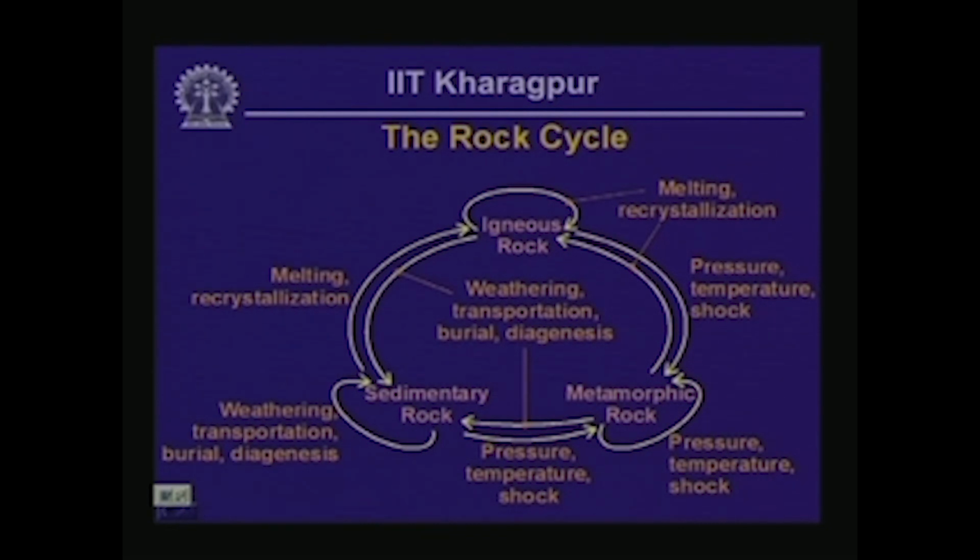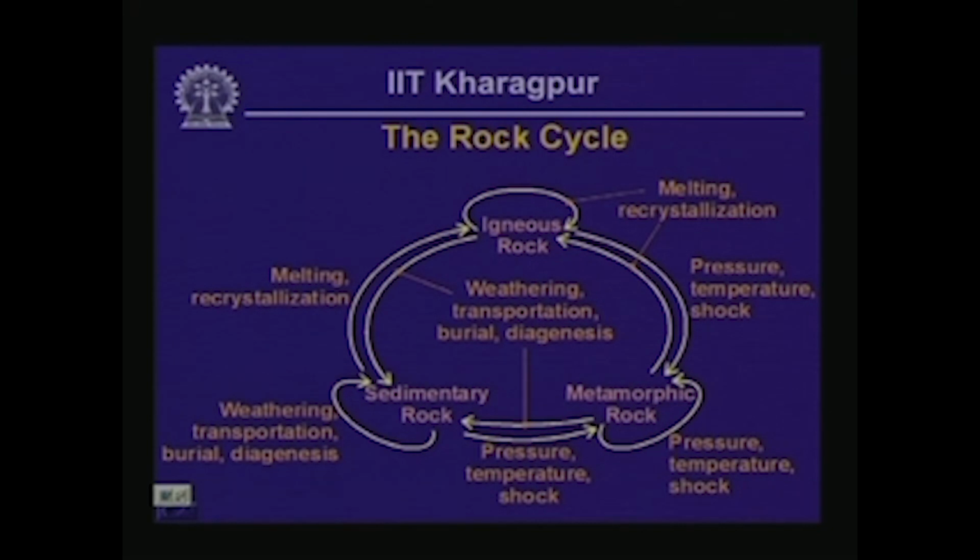Similarly, metamorphic rock upon the action of weathering, transportation, burial, and diagenesis gives rise to sedimentary rock, whereas sedimentary rock upon the action of pressure, temperature, and shock could give rise to metamorphic rock.